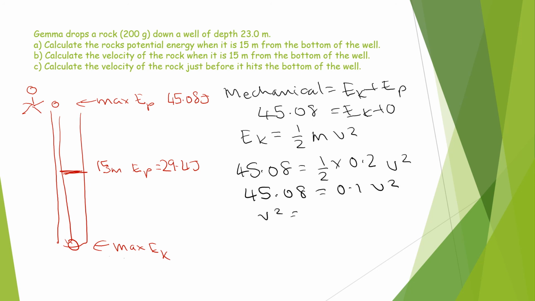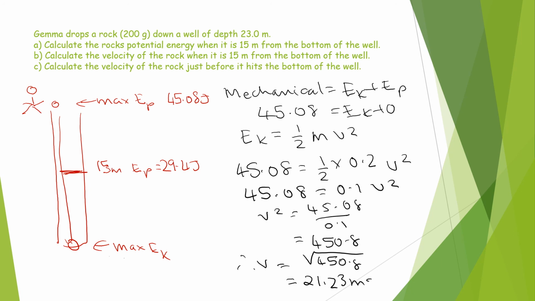V squared must equal 45.08 divided by 0.1, which is 450.8. Therefore velocity must equal the square root of 450.8, which equals 21.23 meters per second down.